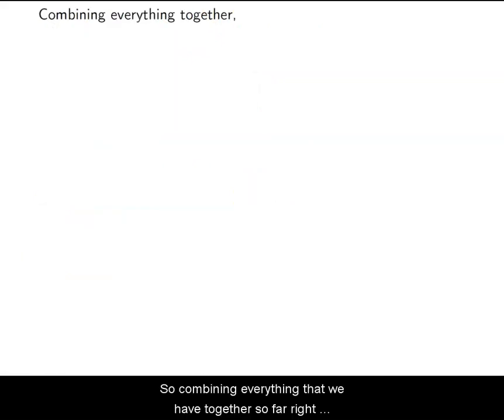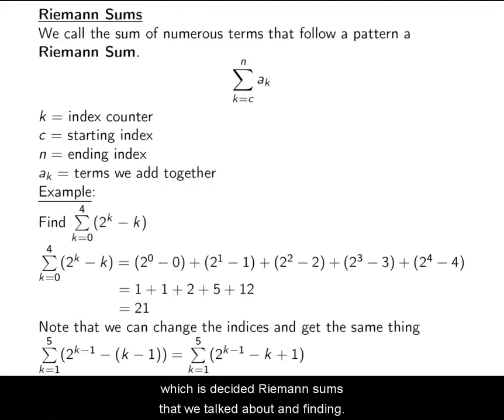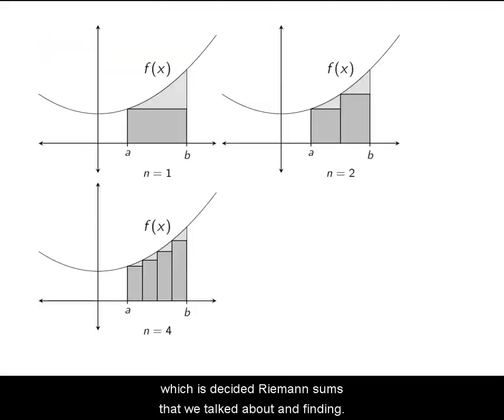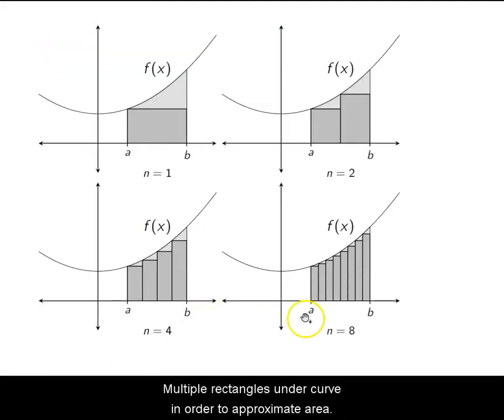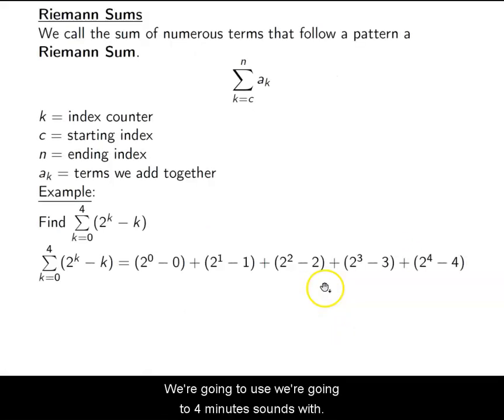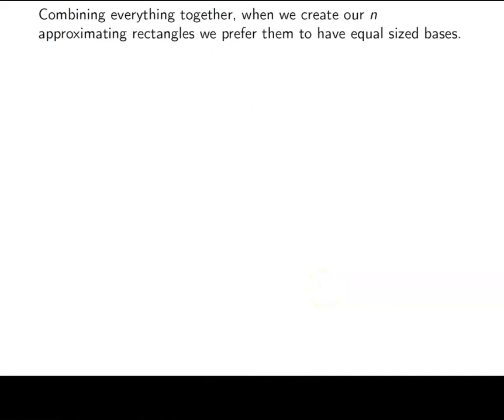So combining everything that we have together so far, which is this idea of Riemann sums that we've talked about, and finding multiple rectangles under a curve in order to approximate its area, we're going to form Riemann sums with these rectangles. So we're going to create n approximating rectangles.